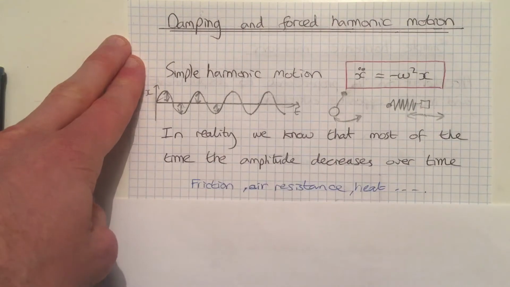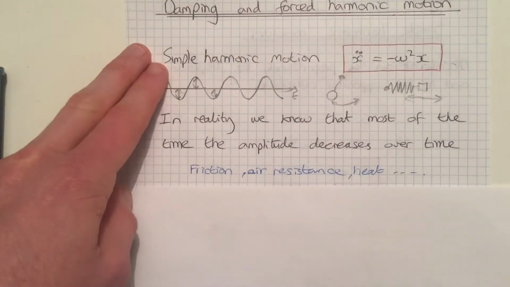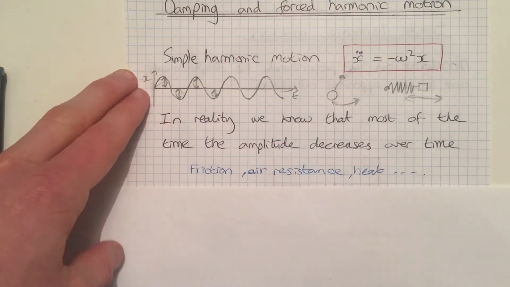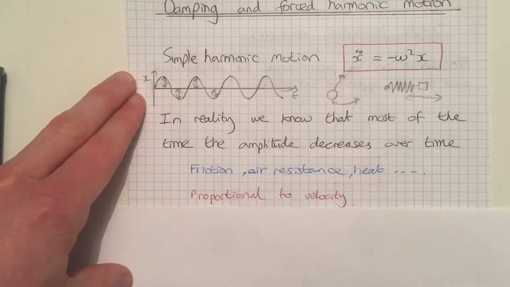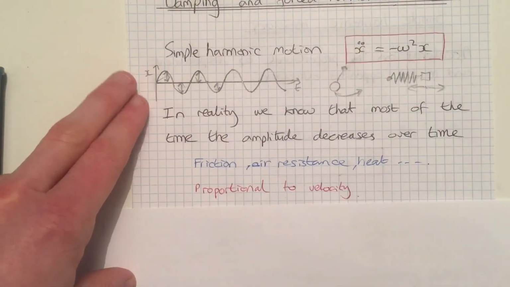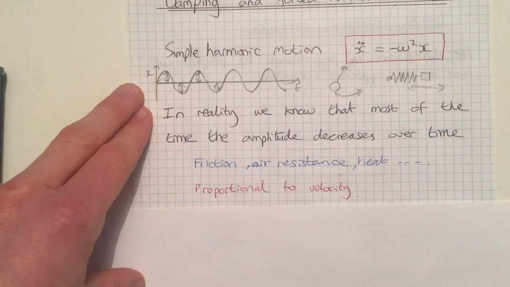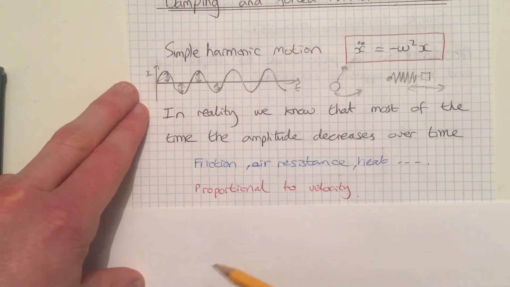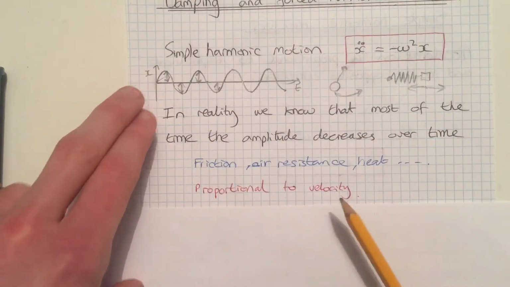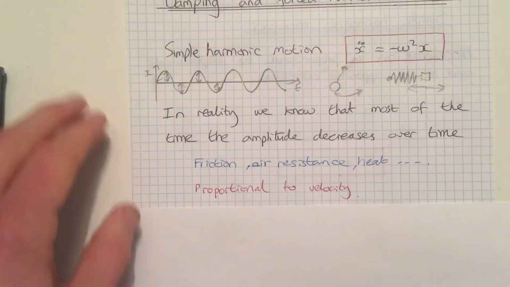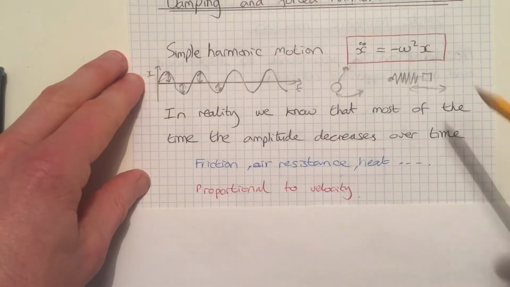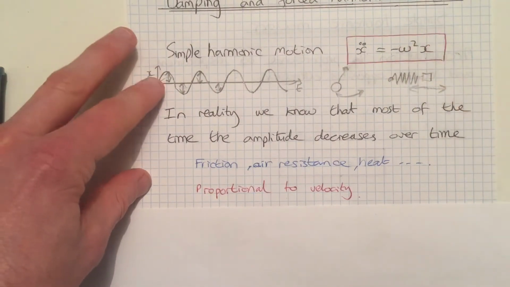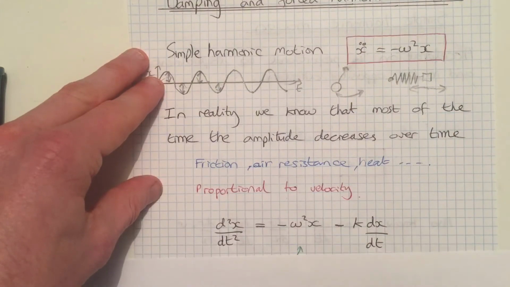Now we know that all resistive forces, whether we're talking about friction, air resistance or heat, are frictional forces, and they will be proportional to the velocity. The higher the velocity, the higher the frictional force. The higher the velocity, the higher the air resistance. Therefore, I can improve my model like this.